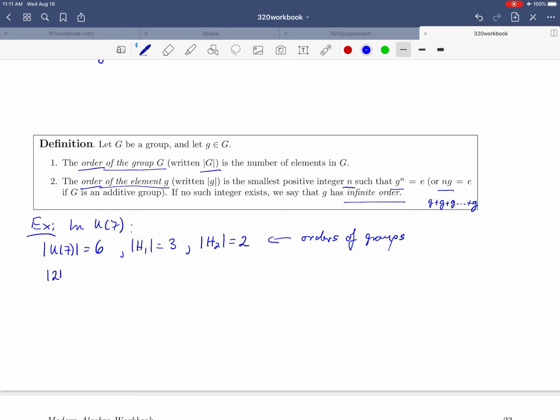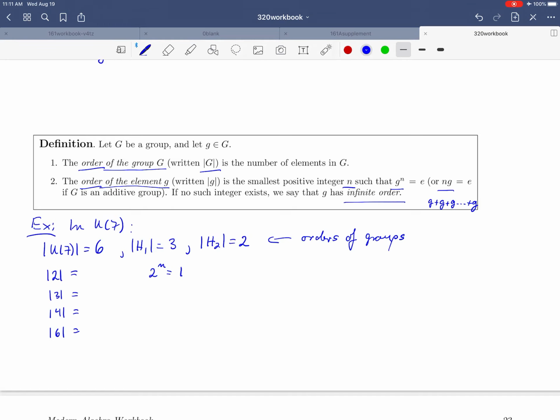But then within U7, we looked at the order of several elements. We looked at 2, we looked at 3, we looked at 4, and actually we also looked at 6. And so what is that? According to our definition, it should be the smallest positive integer n such that 2 to the n is equal to the identity.